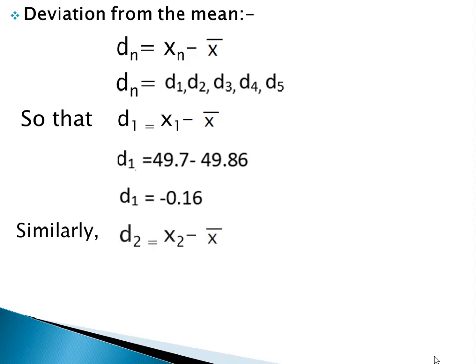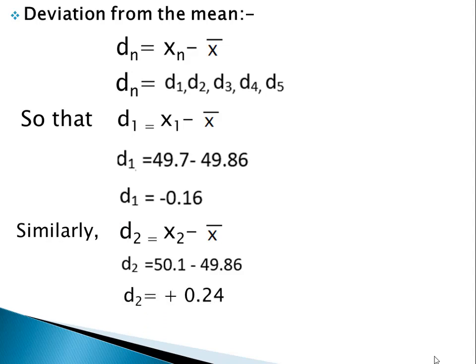Similarly, second deviation from the mean d2 is equal to x2 minus x bar. Now substitute the value in the expression so that d2 is equal to 50.1 minus 49.86. So after calculation, d2 becomes plus 0.24.